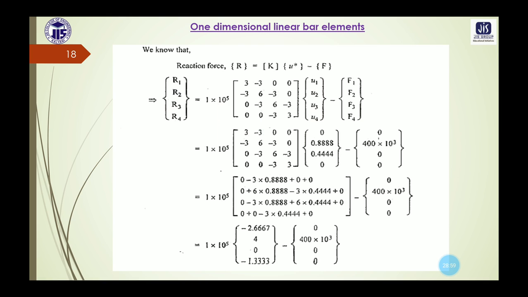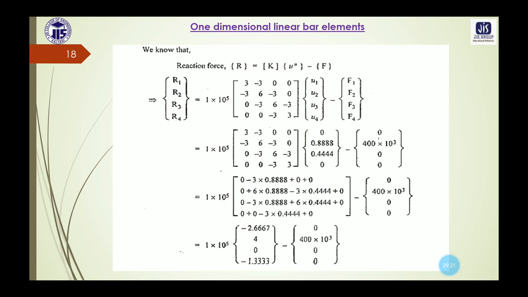Now we need to calculate the reaction force. The formula for the reaction force is the multiplication of the stiffness matrix K and the nodal displacement matrix, minus the force vector matrix. The values of K, U and F are all known to us.